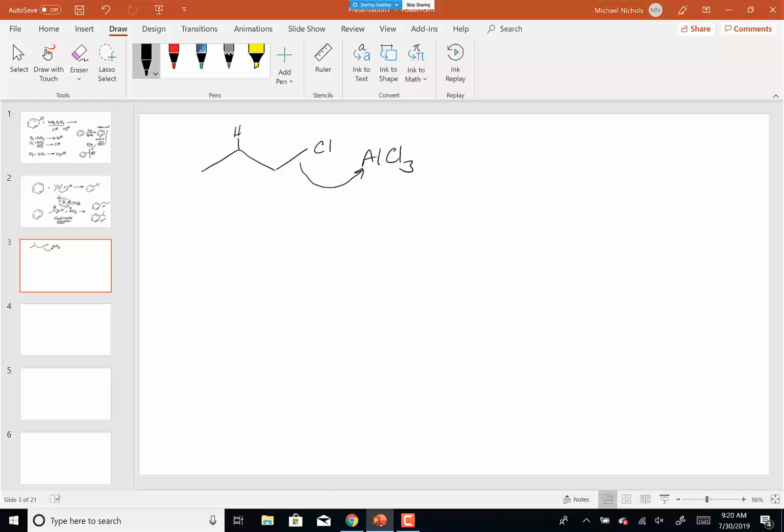At the same time, this hydrogen is going to shift there, so that the carbocation goes there, and then we have AlCl4 minus. So this becomes the methyl group, and that's what's going to end up adding into the benzene ring.